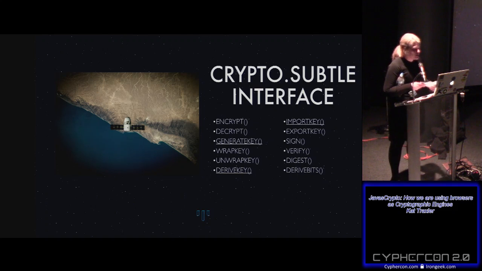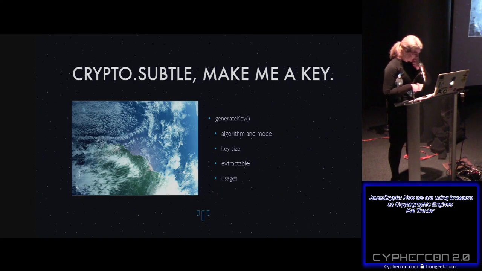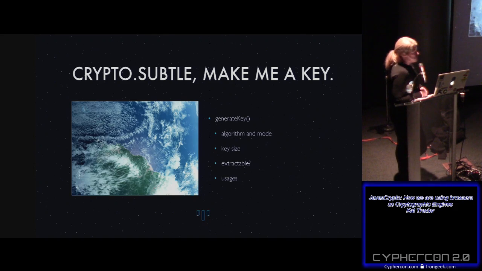But as this developer, let's say we're going to start out, we're going to encrypt this document. But first we need a key. Let's take a look at generating keys. When we generate a key through the WebCrypto API, we have a few choices that we're presented with, and the WebCrypto API attempts to limit our ability to shoot ourselves in the foot.